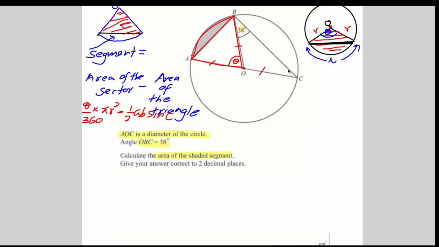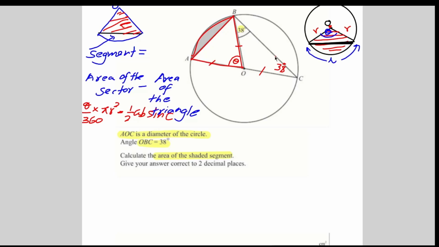Therefore, this is 38, this is also 38. Now we have 38 there. If I consider this triangle, this is the angle at circumference, this is the angle at center.